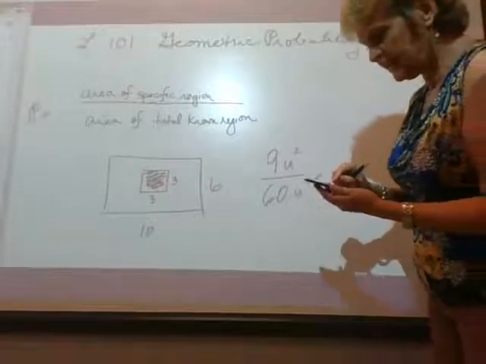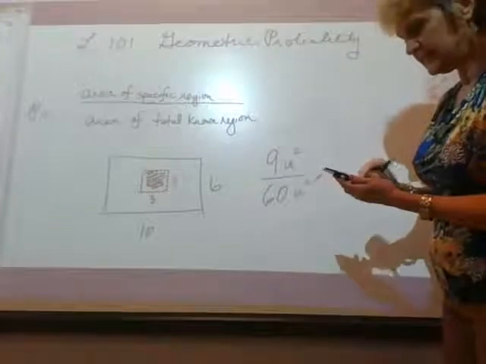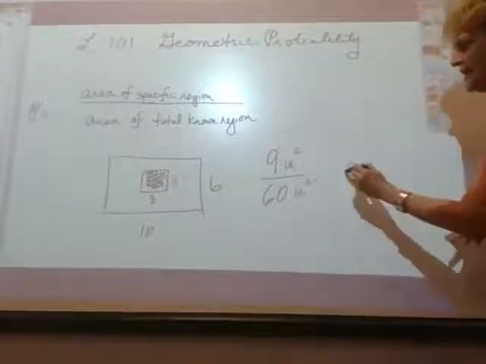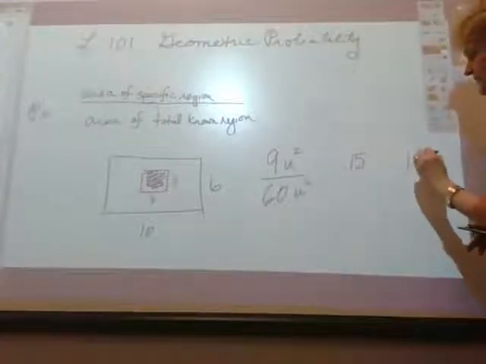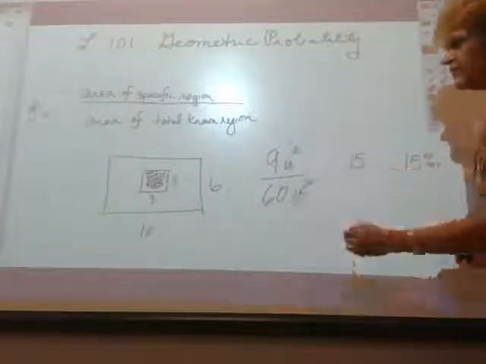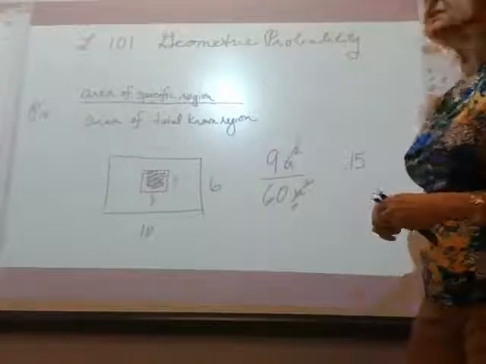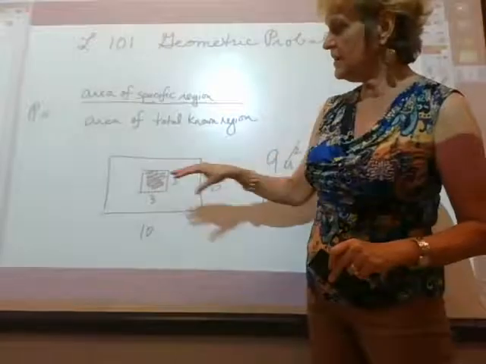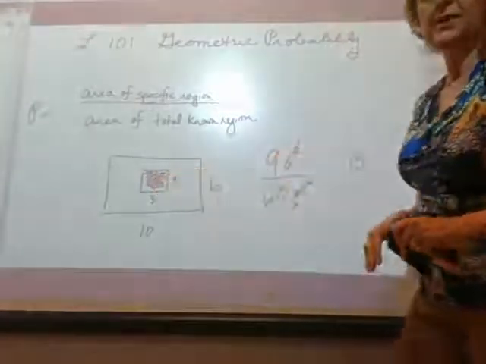If I did 9 divided by 60, I get 0.15, or a 15% chance, right? So the probability is 0.15 or 15% that I would shoot an arrow and hit this portion, okay?